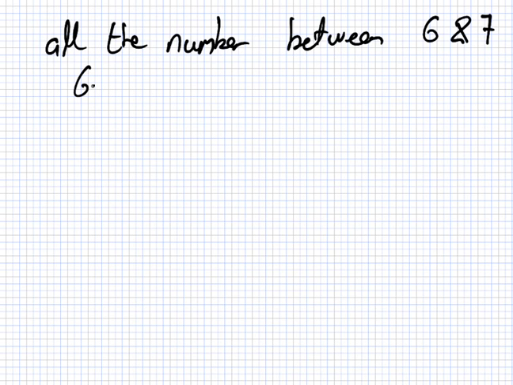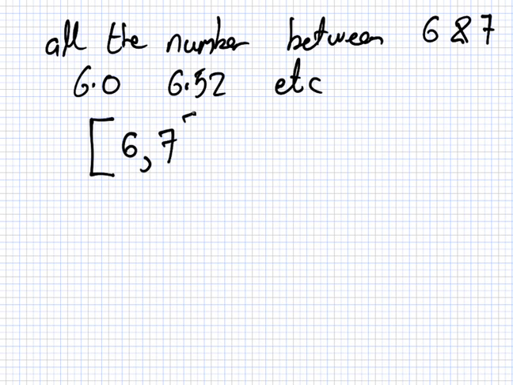So that would be like 0.6, 0.52, all these numbers. The way we represent that is with square brackets, 6, 7. What this means is all the numbers between 6 and 7.